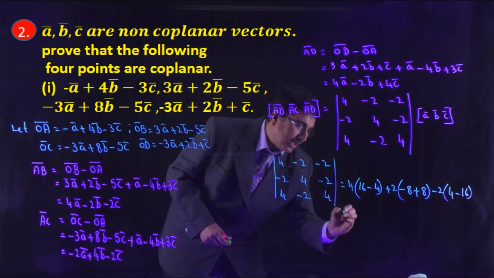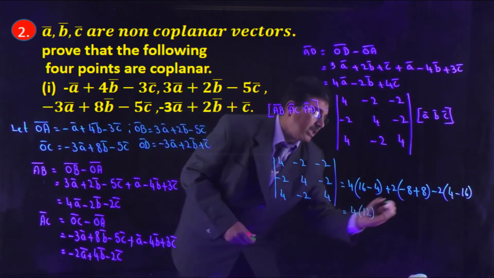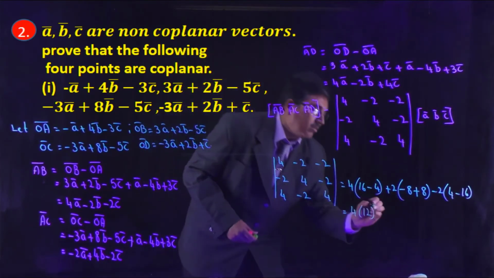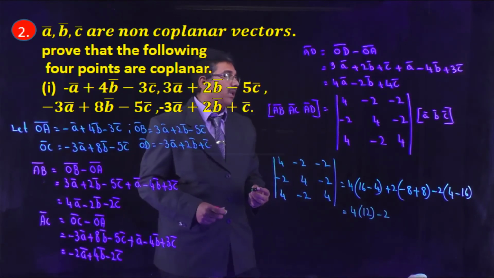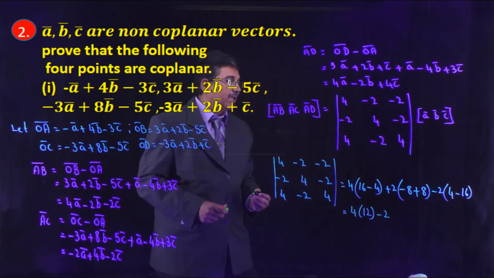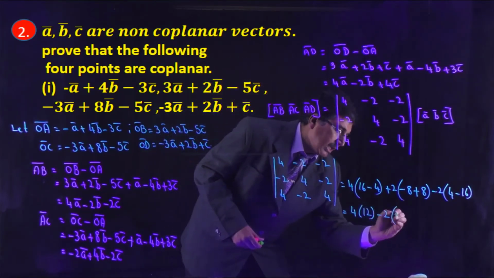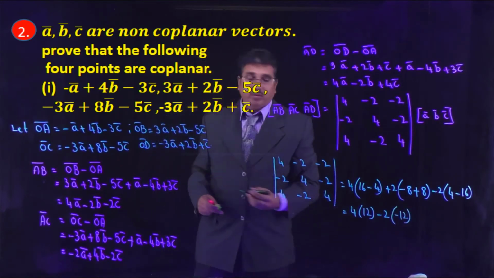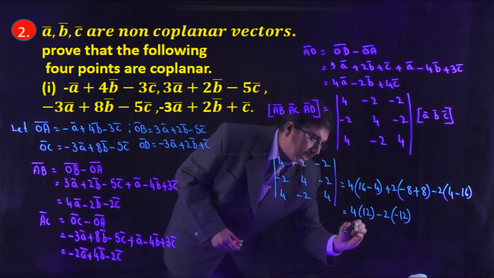That is equal to 4 into 16 minus 4, 12. Here 8 minus 8, that is 0, minus 2 into 4 minus 16, that is minus 12, that is equal to 4 into 12, that is equal to 48.